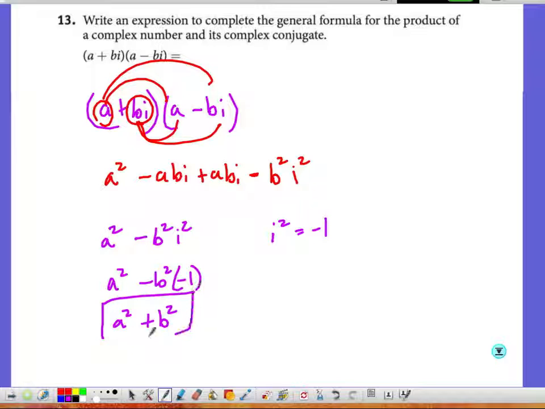And as you can see, whenever you multiply complex conjugates of each other, the answer is always going to be the real part squared and the imaginary part squared. There you go. We just proved that whenever you multiply complex conjugates, it's always going to be this.